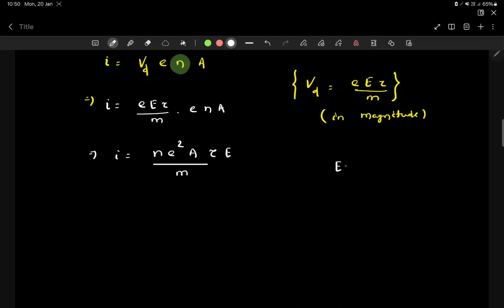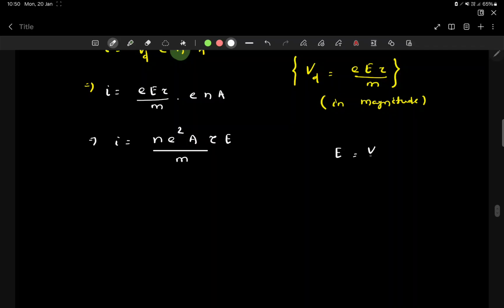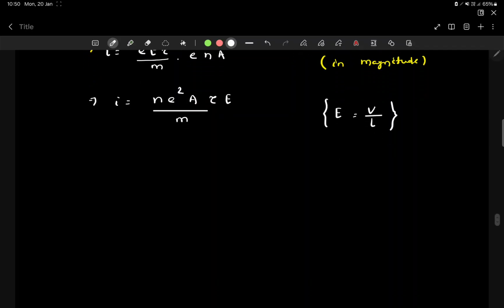As per E = dV/dl, here potential difference V is maintained across two ends of the conductor and the length of the conductor is L. So instead of capital E we can use V/L.